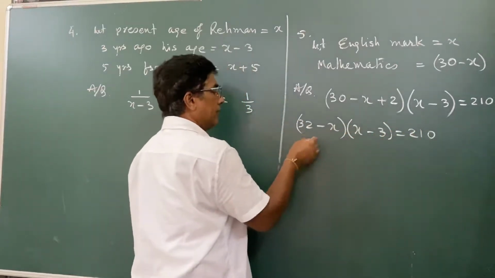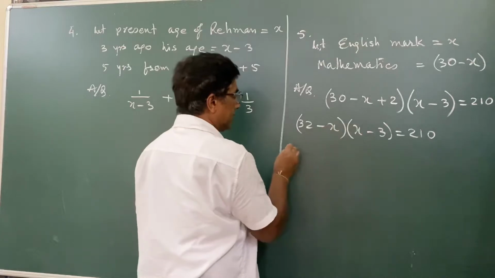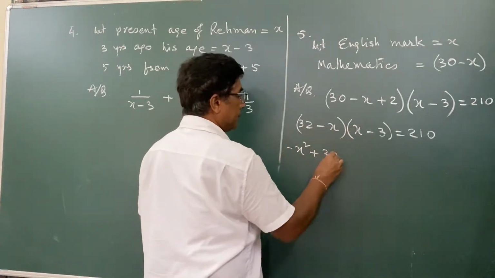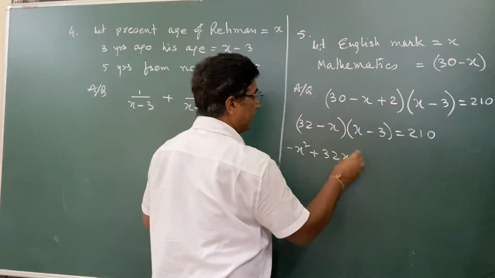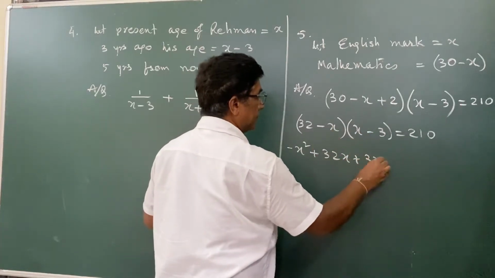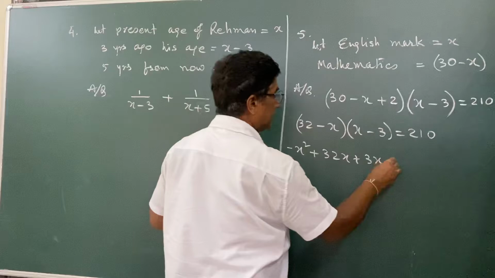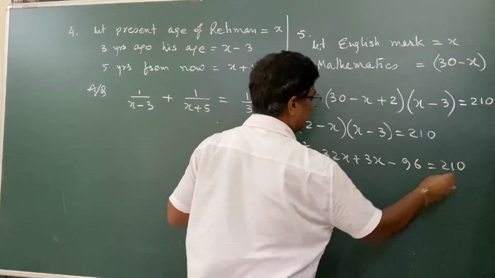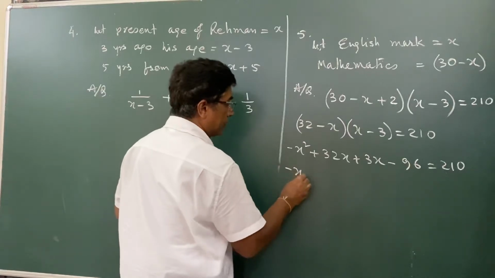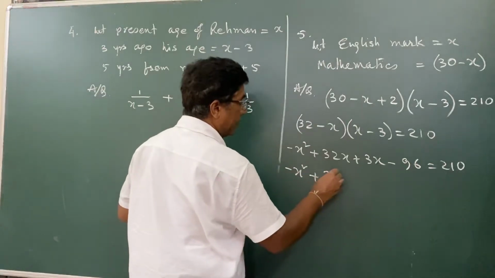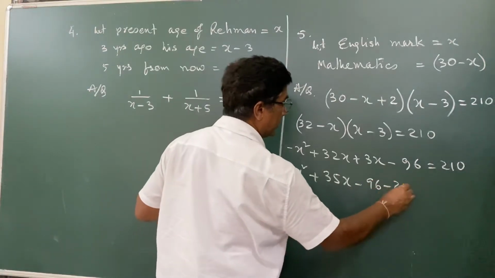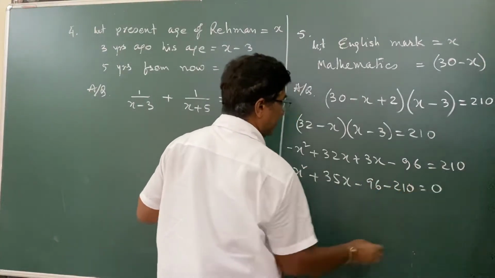Then you simplify x into minus x, you get minus x square, then 32x, then plus 3x, then minus 96 is equal to 210. So minus x square plus 35x minus 96 minus 210 is equal to 0.